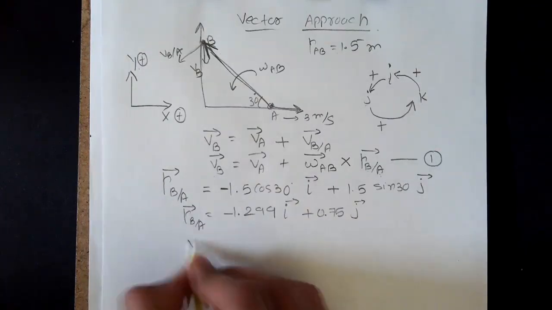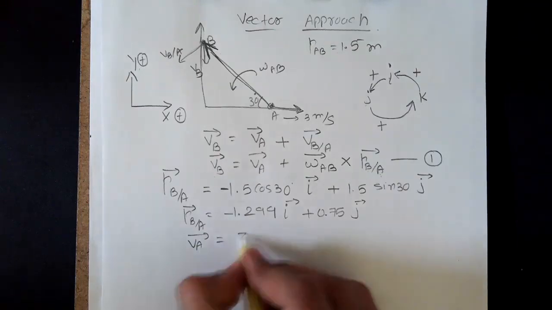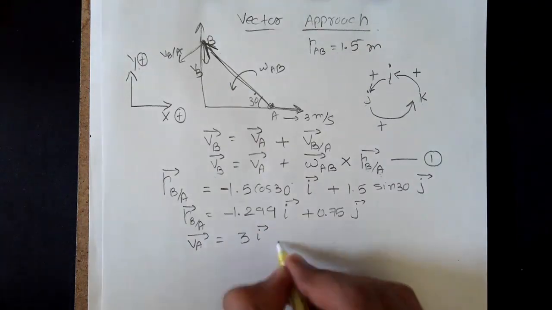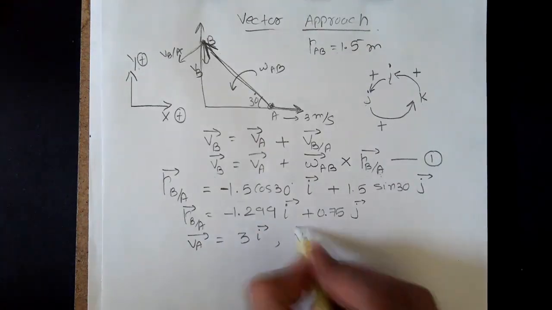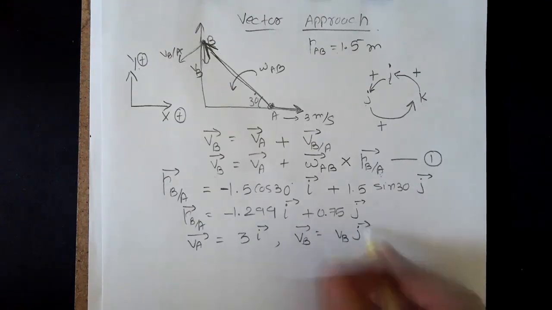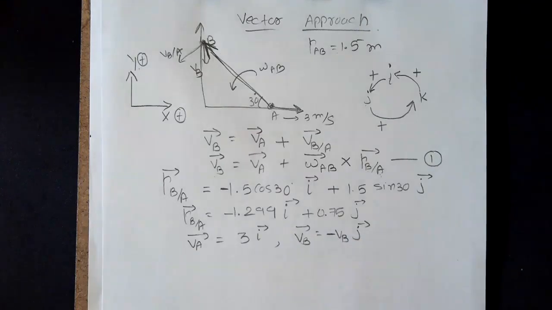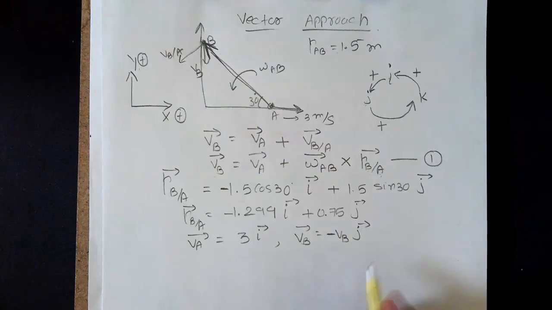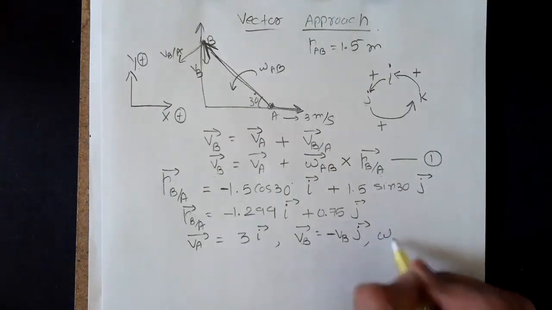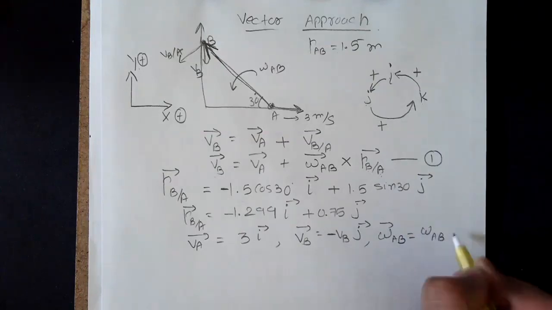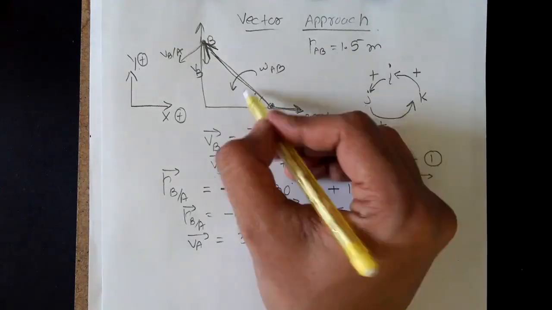Now what is the velocity of A? In vector notation, it's 3i, because it's going towards the positive axis. The velocity of B has its magnitude and its direction j, but it's negative j because it's going down. Okay, look at this. Omega AB, we don't know its magnitude, so we say its magnitude is omega AB, and its direction is counterclockwise.